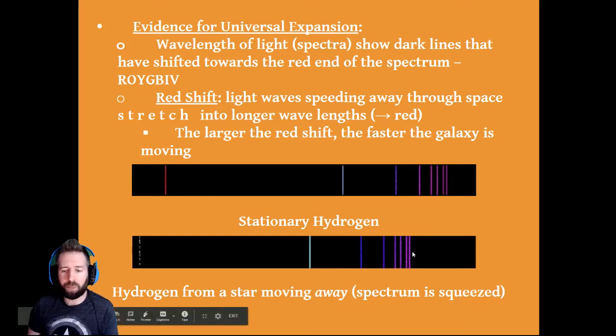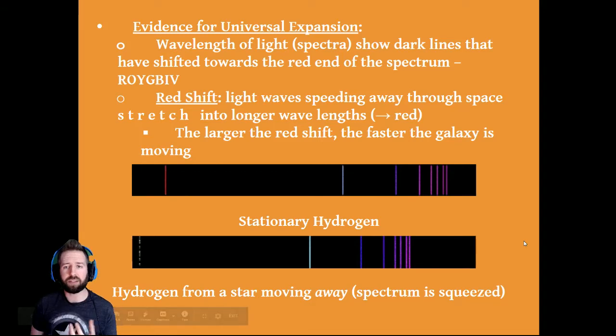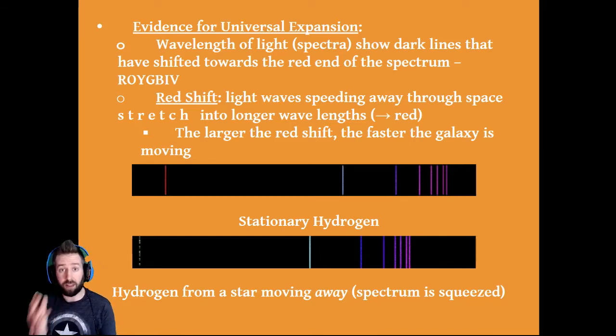So, because the pattern stays the same, we know it's the same element, but because these lines are shifting, it tells us something about the movement. So the red shift, or these lines all moving to the right, or whichever way, to the red side, shows that the light waves are speeding away from you through space.